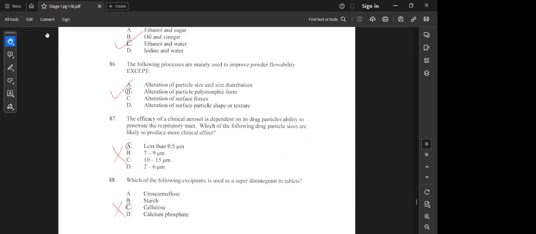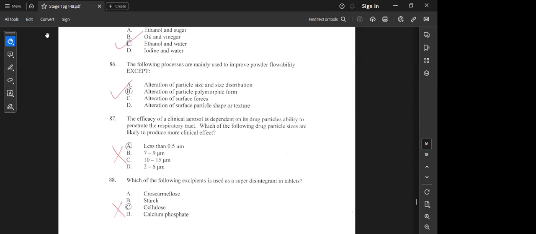Super disintegrants can swell up tenfold within 10 to 30 seconds. Some examples are crospovidone, croscarmellose, and sodium starch glycolate. Those are the super disintegrants. I think starch is just a normal disintegrant. It doesn't count as super.